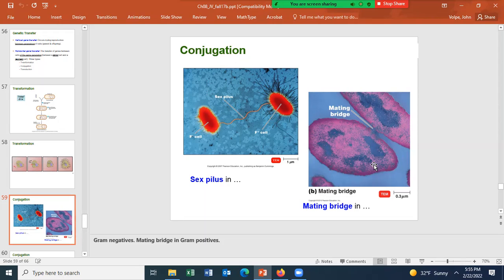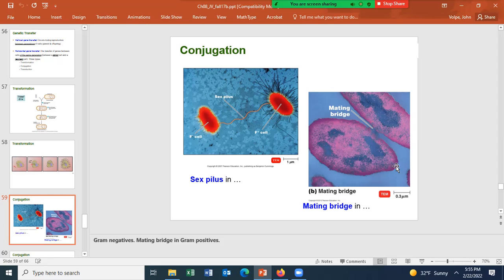Gram positives do sexual conjugation in a different manner, and that is the two cells come together and then they fuse their cell membrane so that the cell membrane of this cell now connects to the cell membrane of this cell.